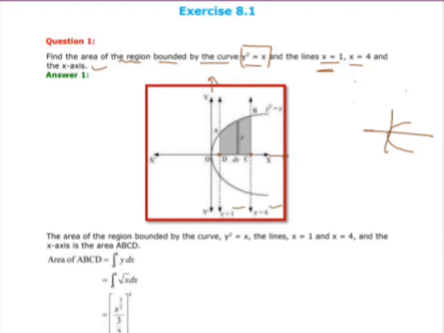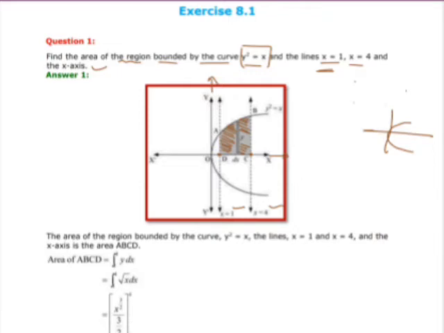So now here we have to find the area of the shaded region that we are seeing here. To find this area, we use the strip we have taken here, which is parallel to the y-axis.